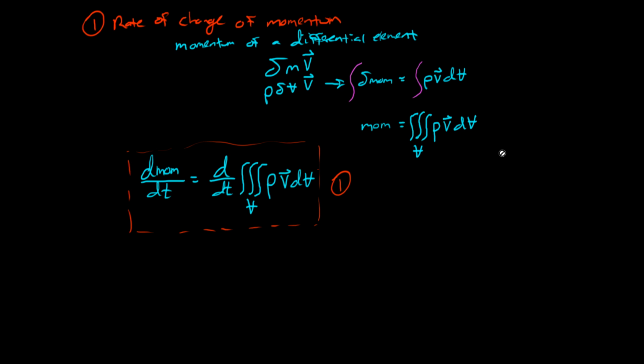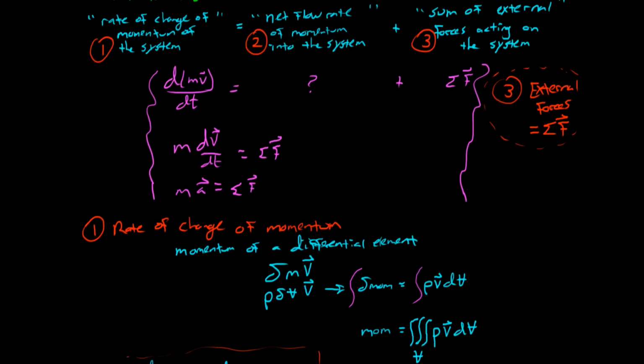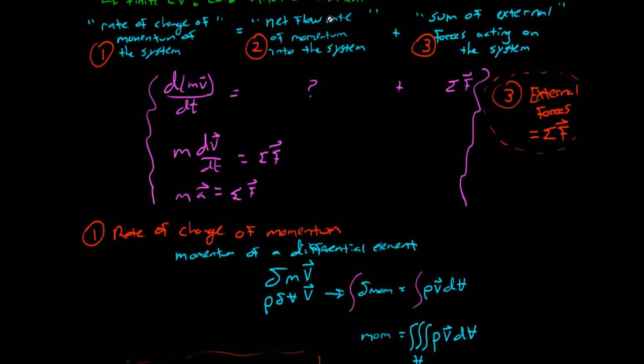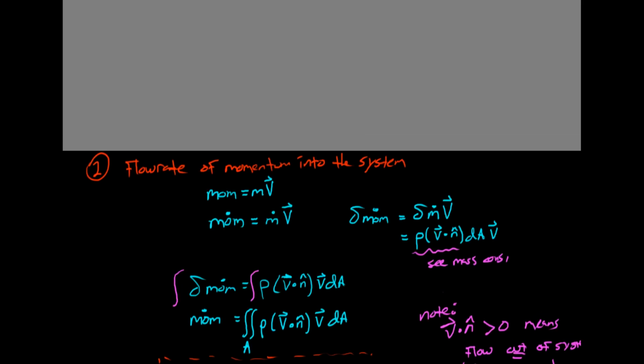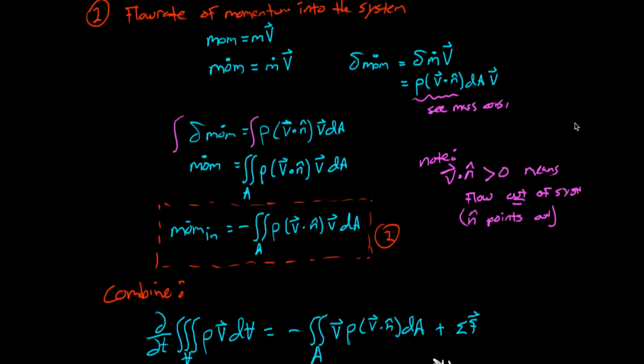Next, we need the flow rate of momentum into the system. That's this term here. The third term's easy. It's just the sum of the forces acting on it. So there they are. And so the second term will finish this out here. We just need to find the flow rate of momentum into the system, which we can get like so. Remember that momentum is mv, so the flow of momentum must just be m dot v.